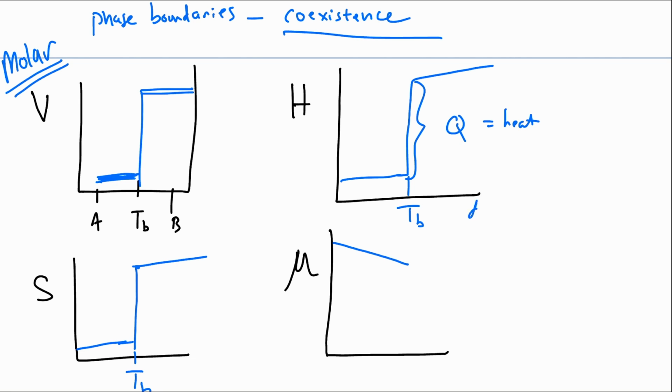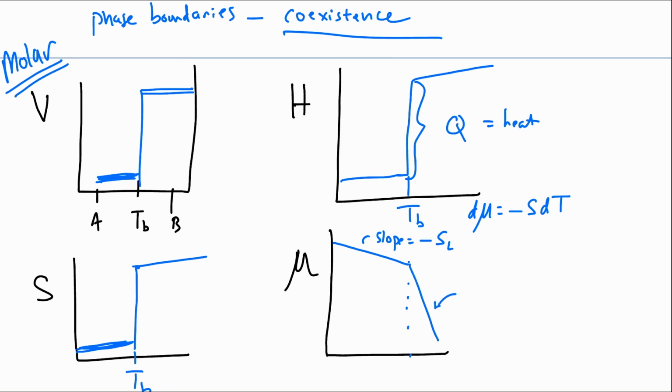Remember d mu is minus s dT, and this slope equals minus the s of the liquid. Here's the s of the liquid. So if you had graph paper and numbers, you could actually make a graph that had the right slopes. Then we hit that boiling point, boom, right?